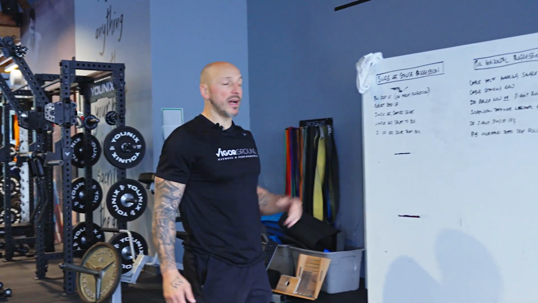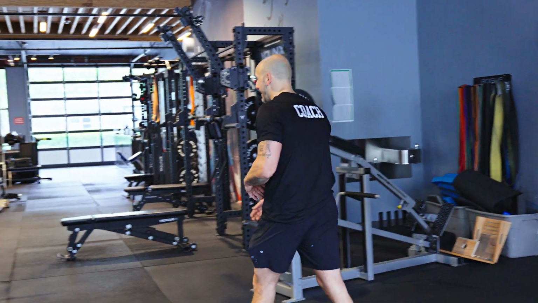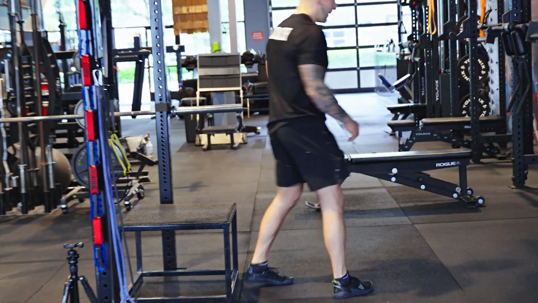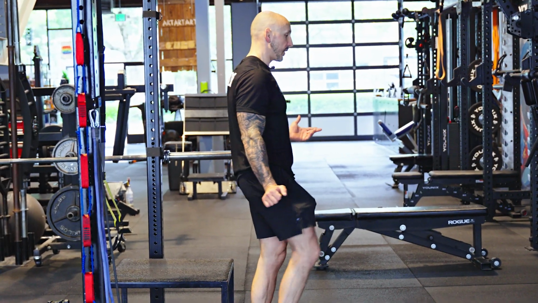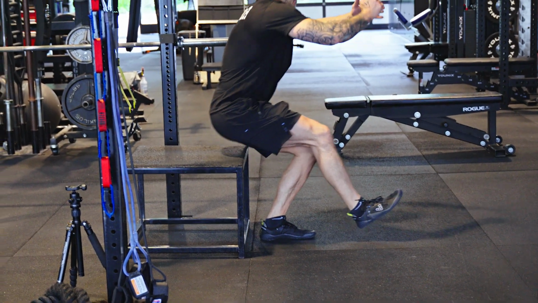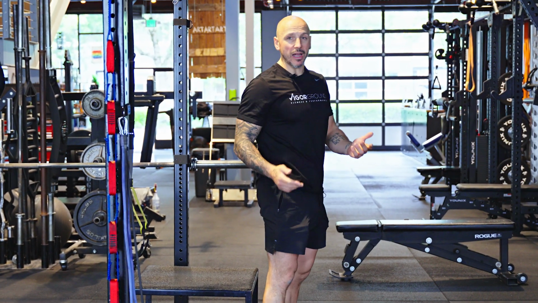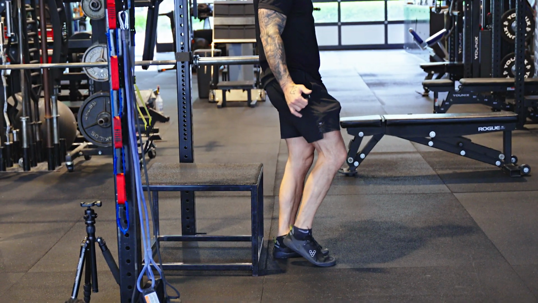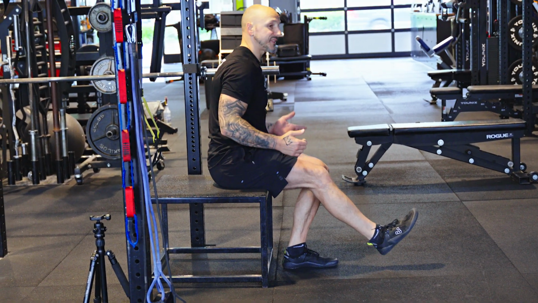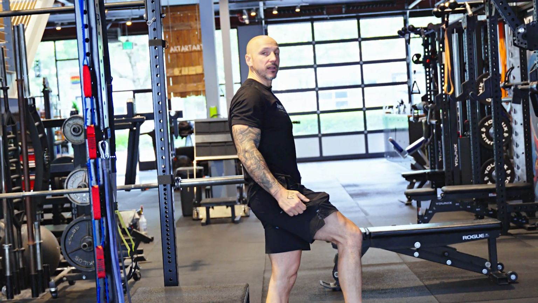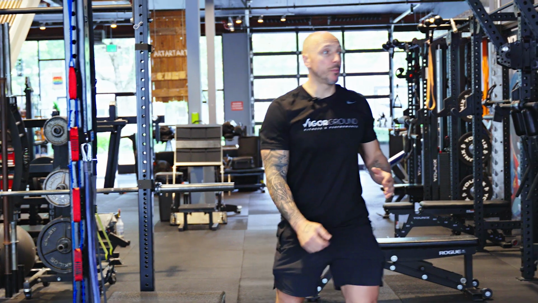Then we have a single leg squat to box, which would be just tapping down, right? So the difference is a single leg squat to box, we would go here, tap and come back up. And then we'd have a single leg squat from box, which would be control down and getting that dead stop and coming back up, right? So that would be a single leg stance progression.